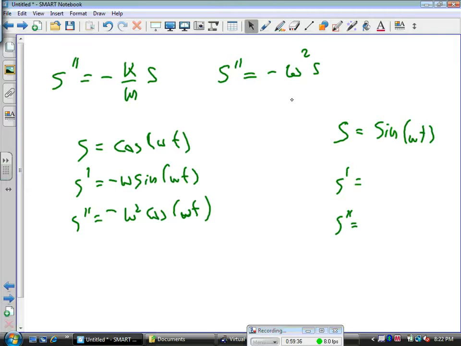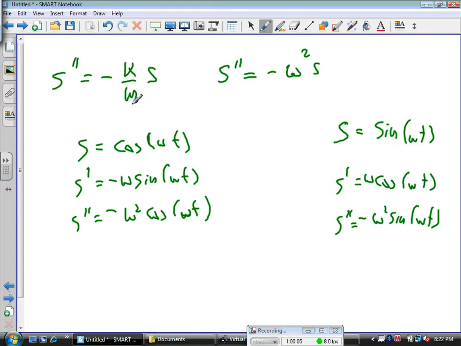S double prime is omega squared times the original s. Likewise over here, cosine omega t times omega, or negative sine of u du. Same thing. So what happens when one differential equation has 2 possible functions to solve it, this one and this one? You make a linear combination of the 2.